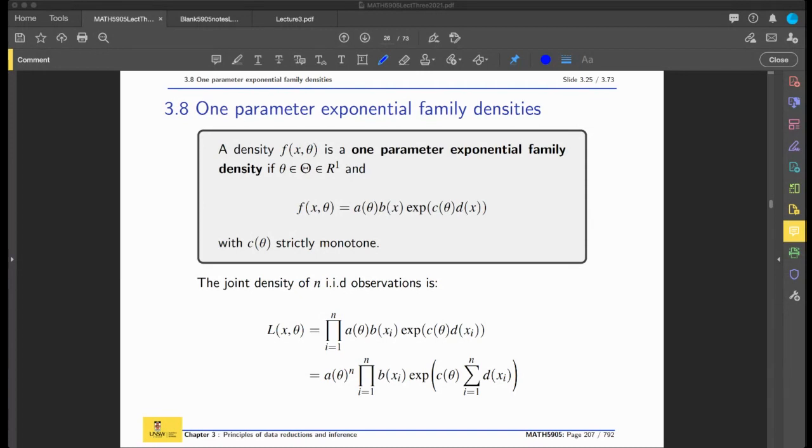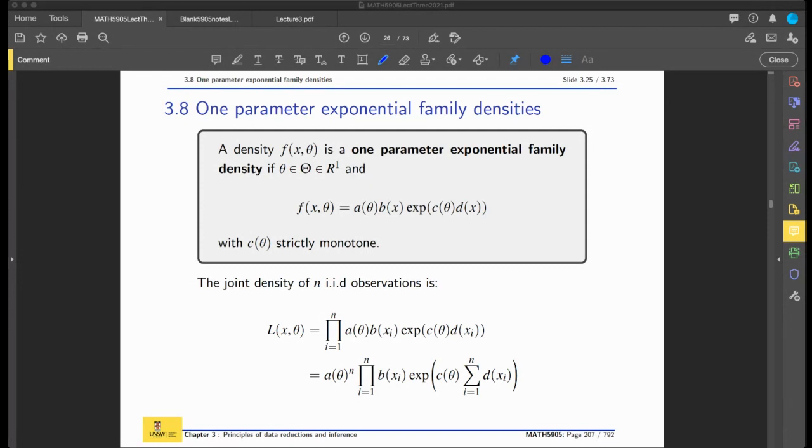This is the only exponential family form we need to use in this course. Get used to this, because a lot of the distributions that we consider fall into this class. From the exponential, Poisson, Bernoulli, normal distribution, there's a lot that fall into this family, and we will utilize this a lot.